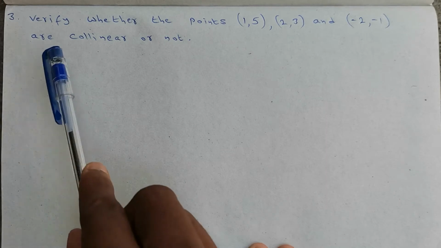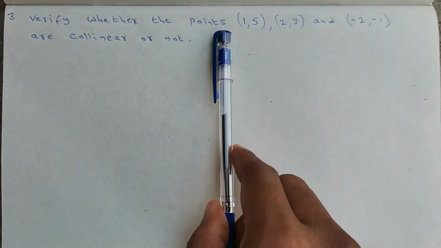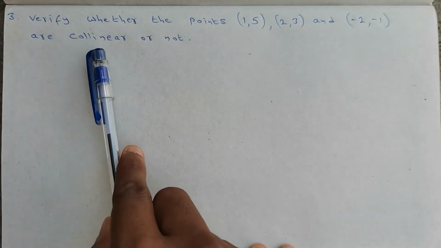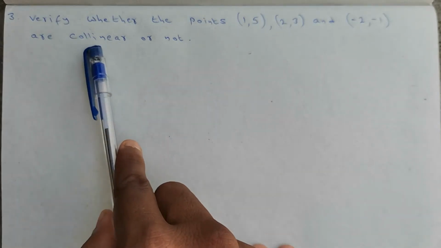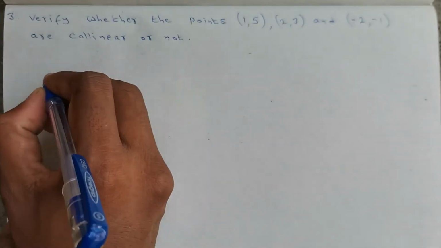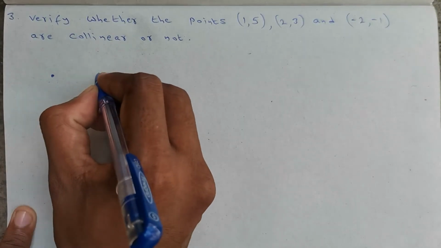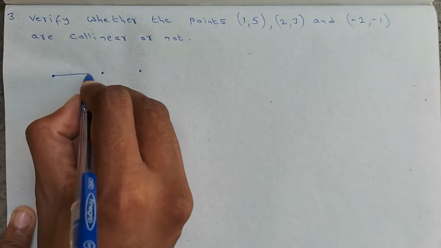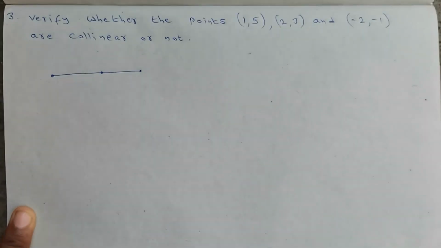Next, third bit is verify whether the given points (1, 5), (2, 3) and (minus 2, minus 1) are collinear or not. So first of all, what is the meaning of collinear? If 3 points are lying on the same straight line, then those points are called collinear points.